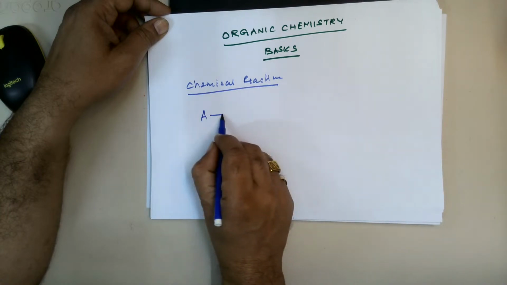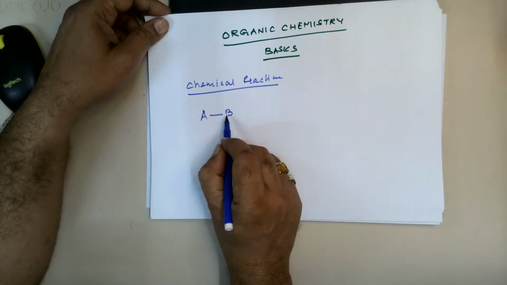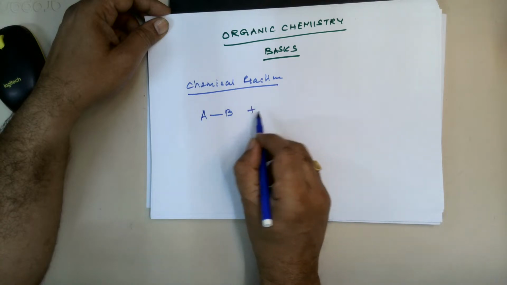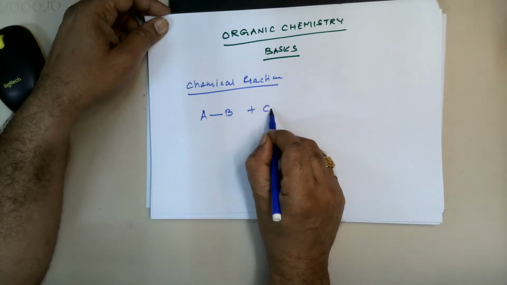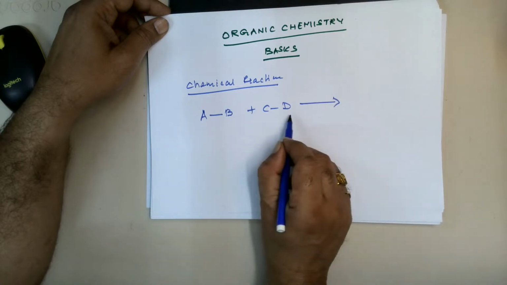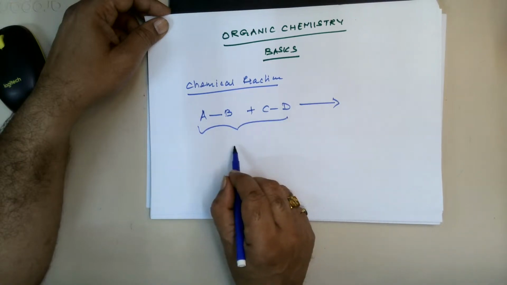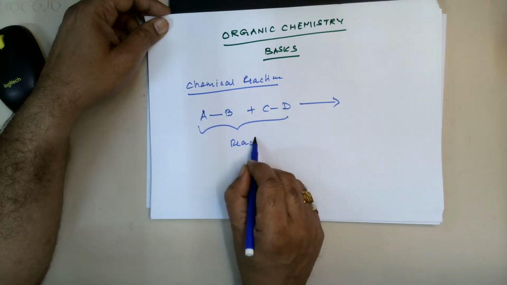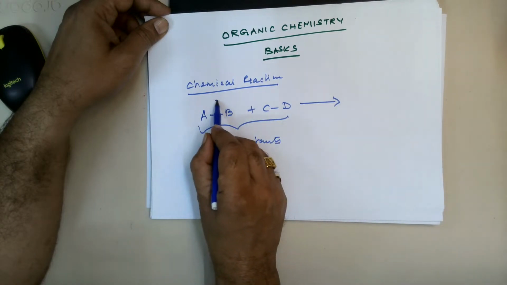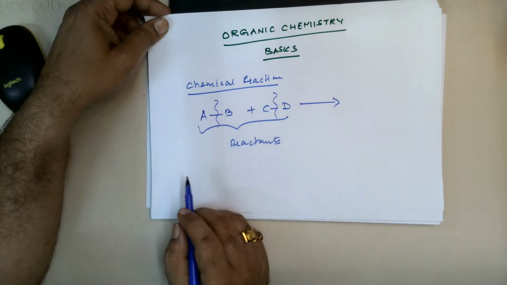Let me consider a chemical bond between two elements, A and B, and let me consider another reagent, that is CD. Now, when they react, they are called reactants. First of all, the bond is cleaved.